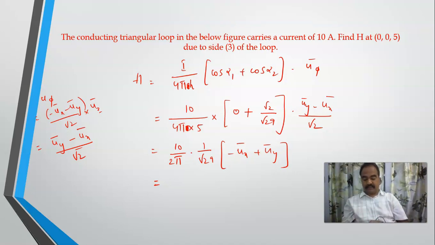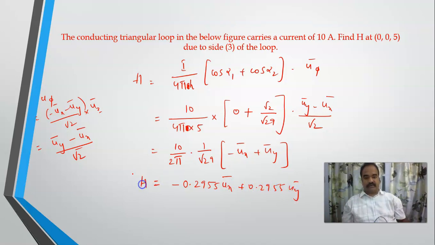Let me take a calculator. So it is somewhere around 0.29. So the value will be minus 0.2955 ux bar plus 0.2955 uy bar.